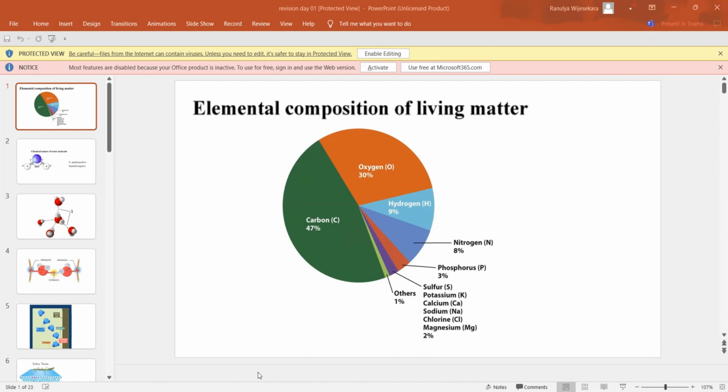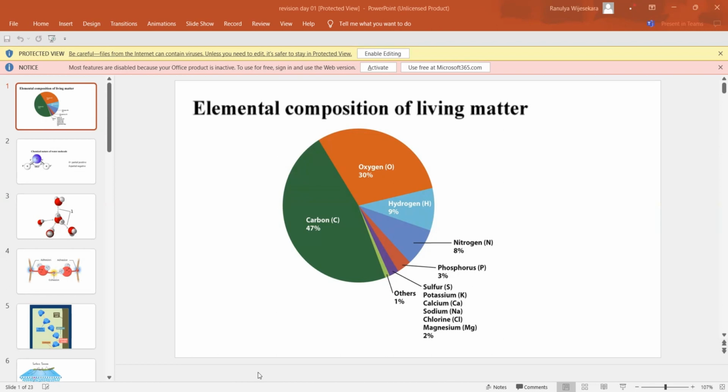Trace element means the elements which are required in very small amounts. Under the trace elements, you can write down, there are 14. Boron, cobalt, copper, chromium, fluorine, iodine, ferrous, molybdenum, manganese, selenium, silicon, tin, vanadium, and zinc.